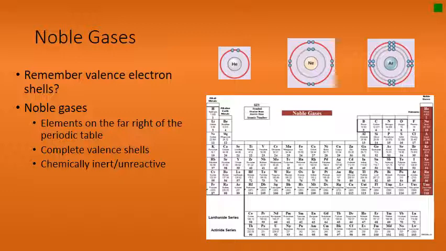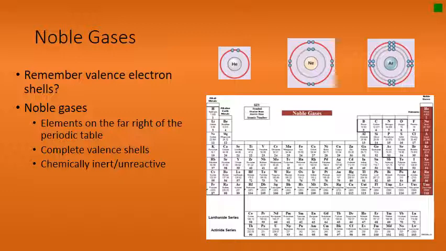Quick review. In Module 2B, we talked about how electrons were arranged around the nuclei of individual atoms of different elements. We talked about the valence electron shells and how elements prefer to have their valence electron shell completely full.